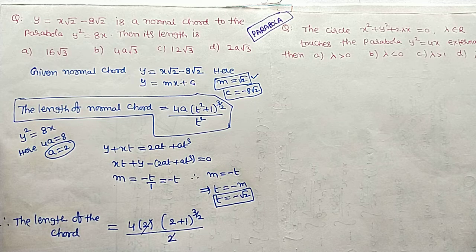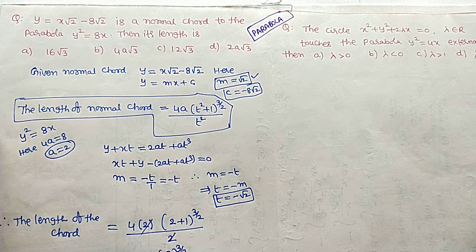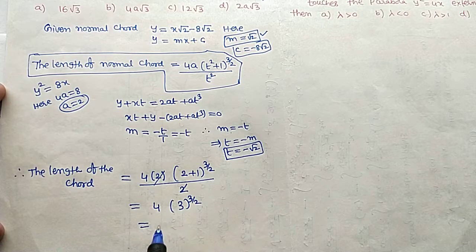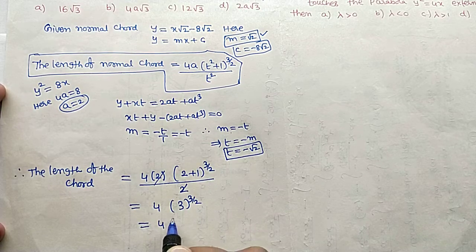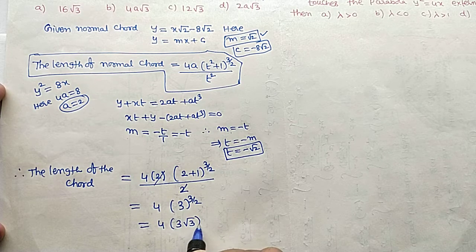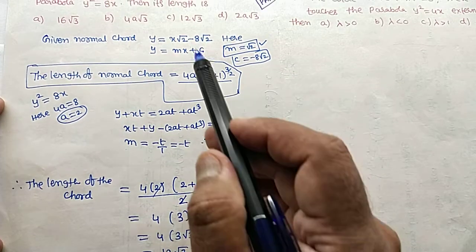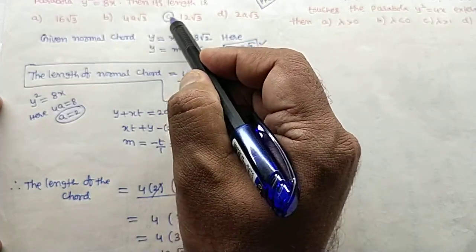Here 2 gets cancelled. 4 into 3 power 3 by 2, which we can write as 3 into root 3, that is 12 root 3. Therefore, the length of the chord is 12 root 3, which is there in the third option.